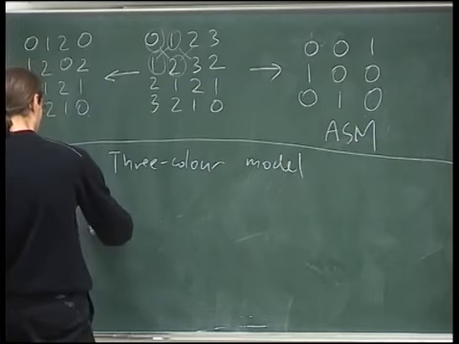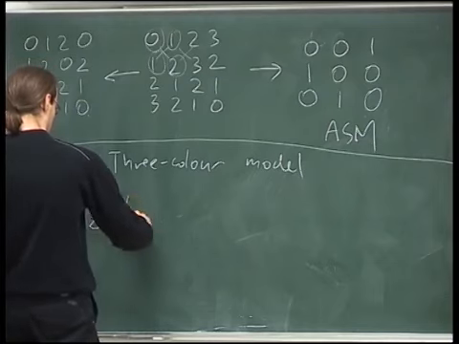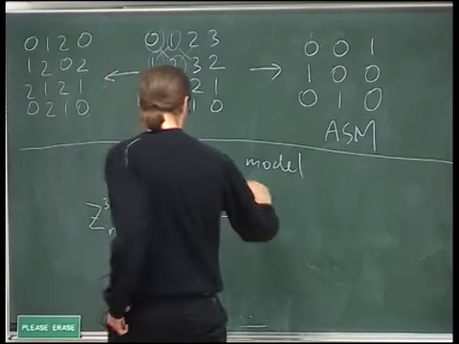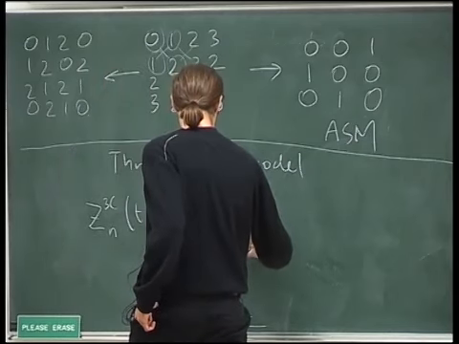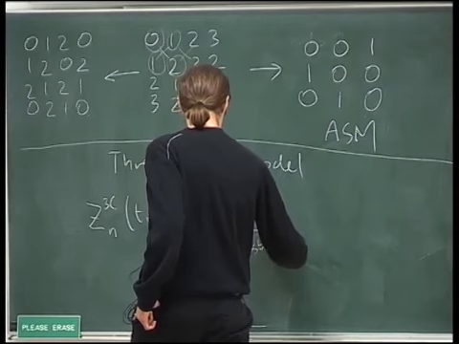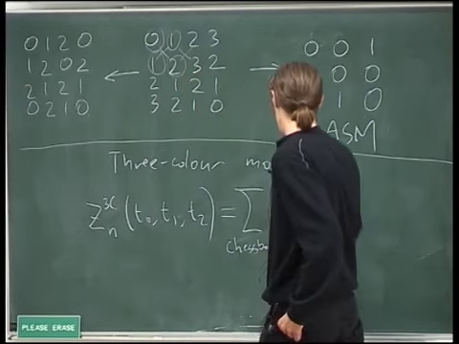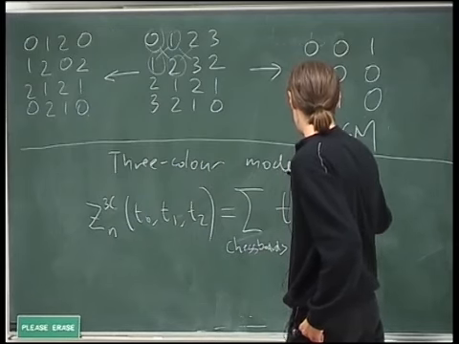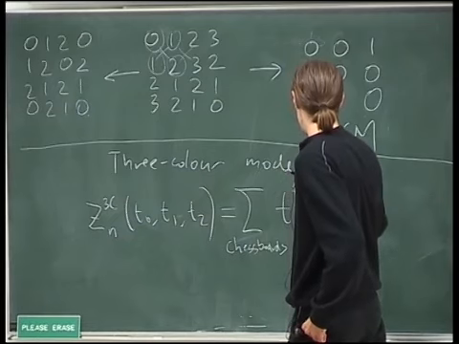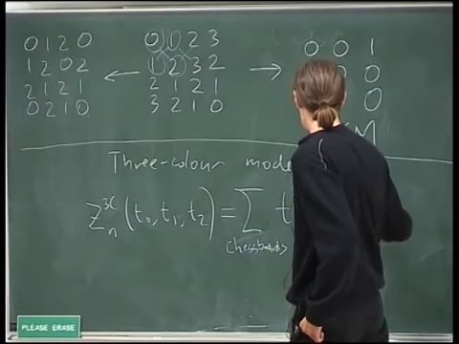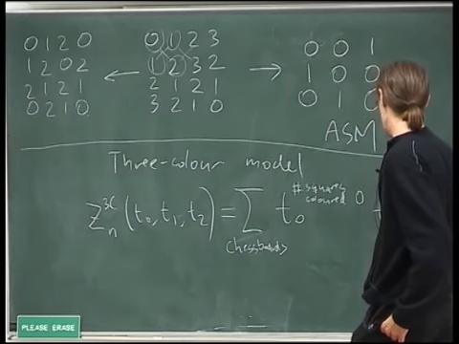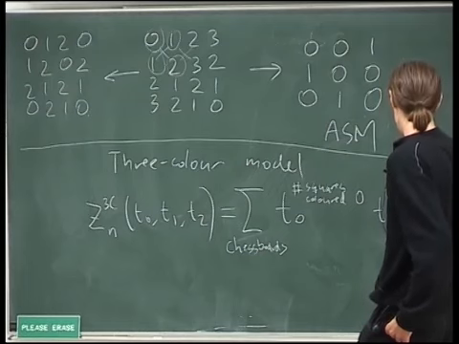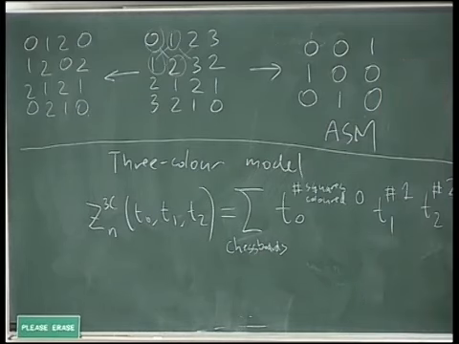It's just to write down something like that. So you take t0 to the number of squares colored 0, and then t1 to the number of squares colored 1, and t2 to the number of squares colored 2.